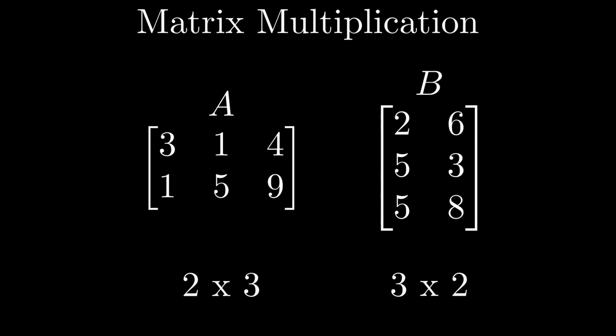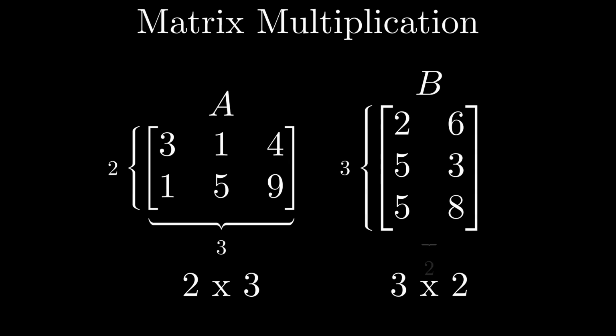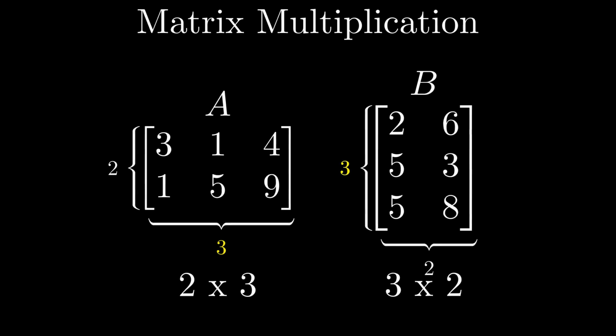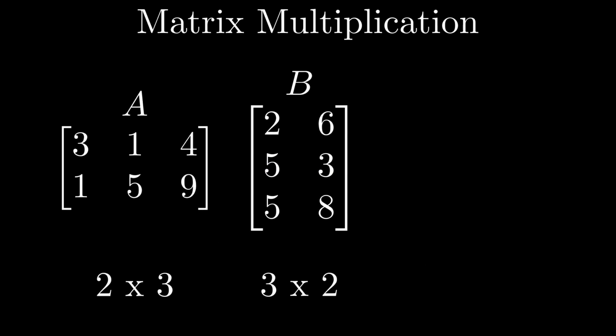Here, A is a 2 by 3 matrix, and B is a 3 by 2 matrix, so you know they can be multiplied together, because the first matrix's number of columns is the same as the second matrix's number of rows. You now also know the result of our multiplication will be a 2 by 2 matrix.